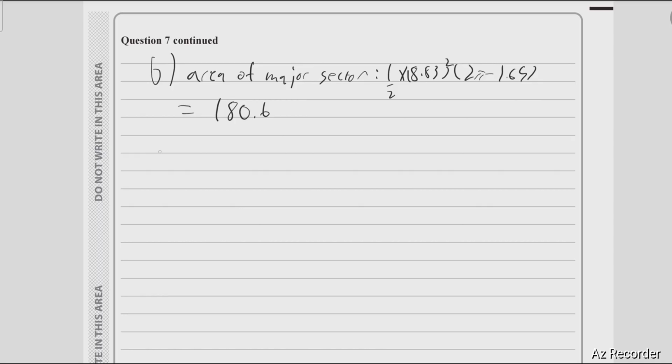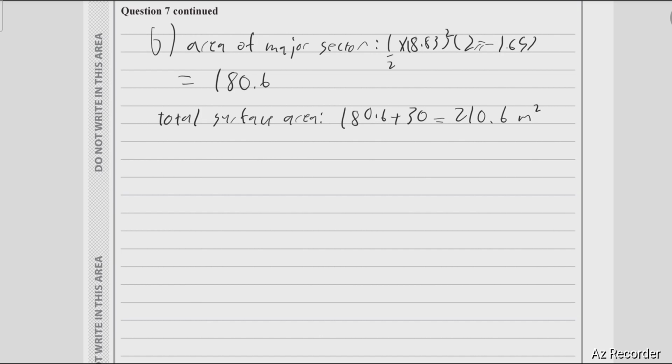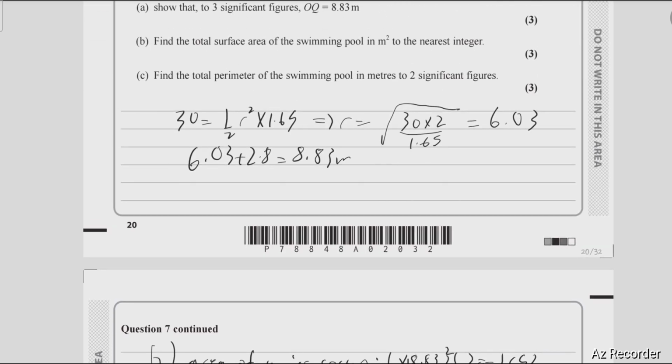Now, total surface area is 180.6 plus 30, which is equal to 210.6 meter squared, of course.